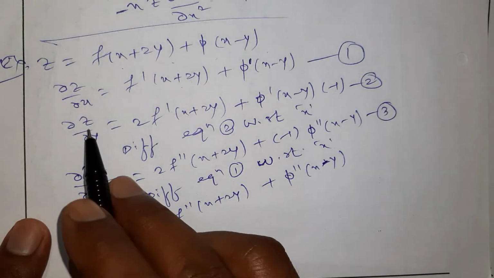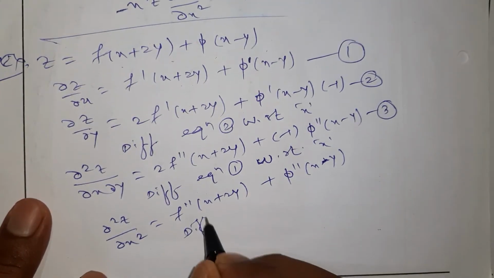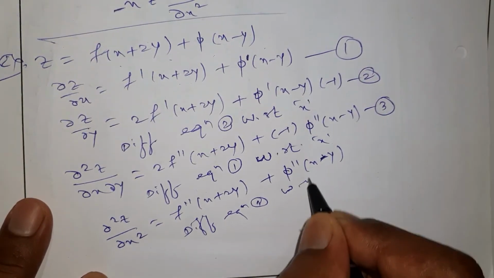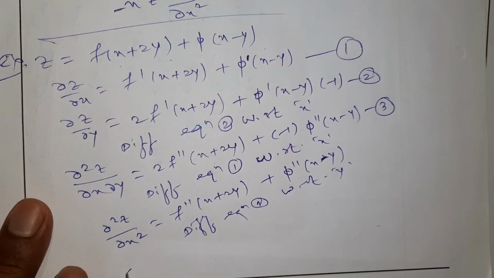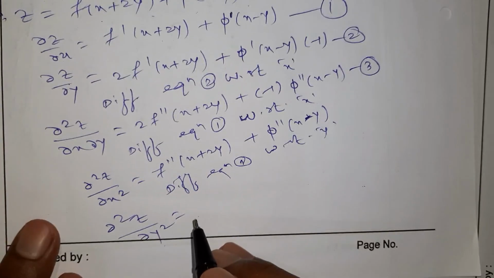Again, differentiate the second equation with respect to y. So dou 2z by dou y square is equal to, differentiate with respect to y.